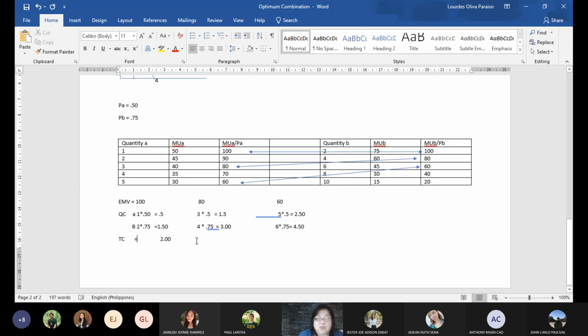Then you have your total cost here. Total cost is equals to 4 pesos and 50 centavos. And your total cost here is equals to 6 pesos. Tama ba? 250 plus 4, 6, 7 pesos.